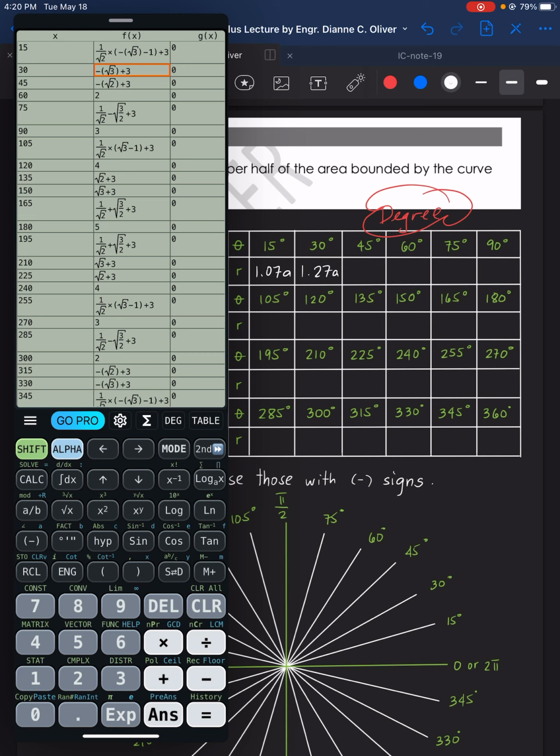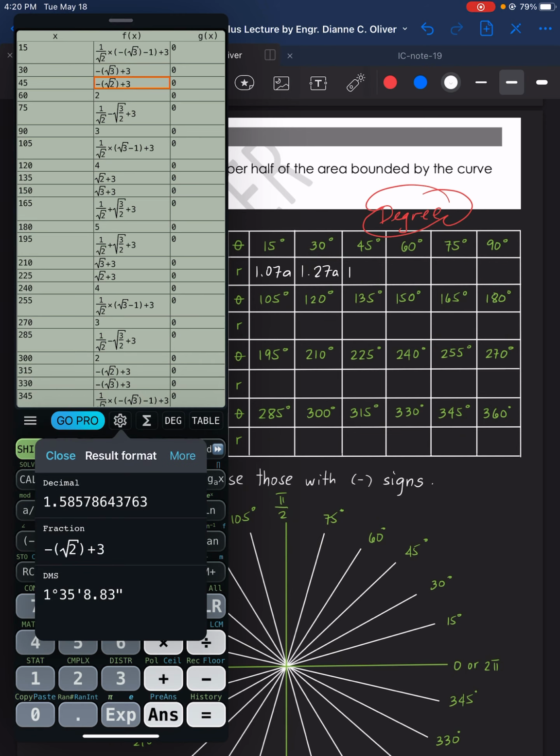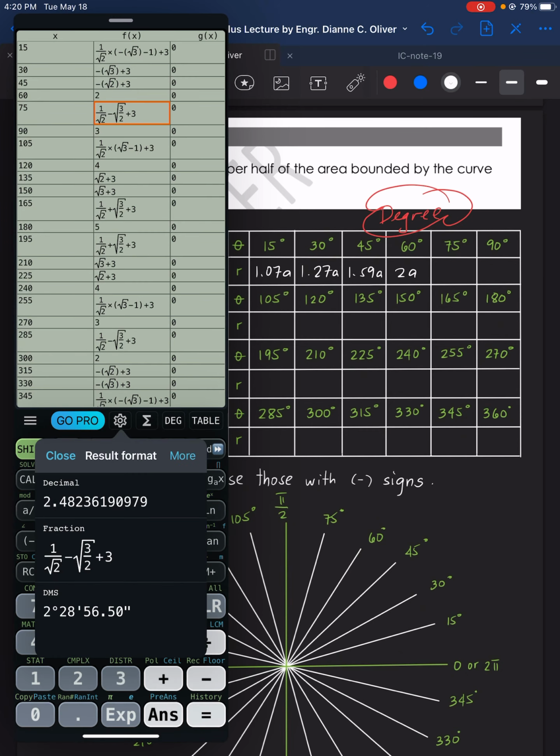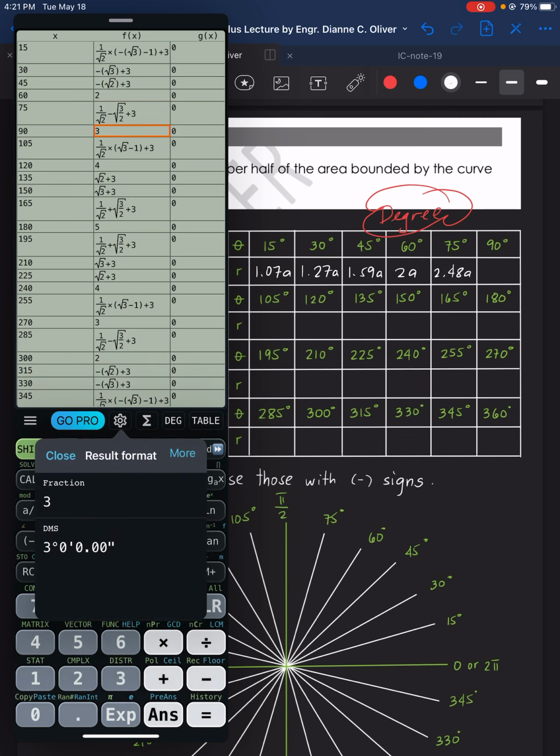For 45 degrees, 1.59A. 60 degrees, we have 2A. 75 degrees, we have 2.48A. And then we have 90 degrees, that is 3A.